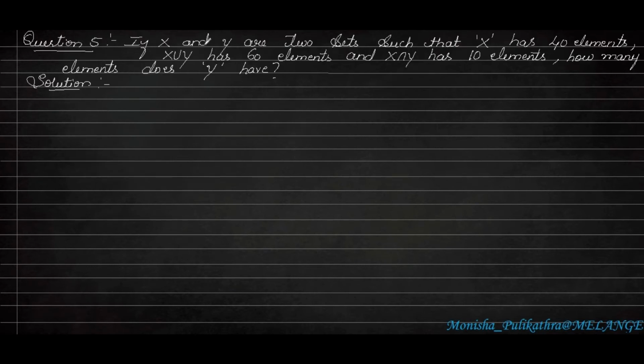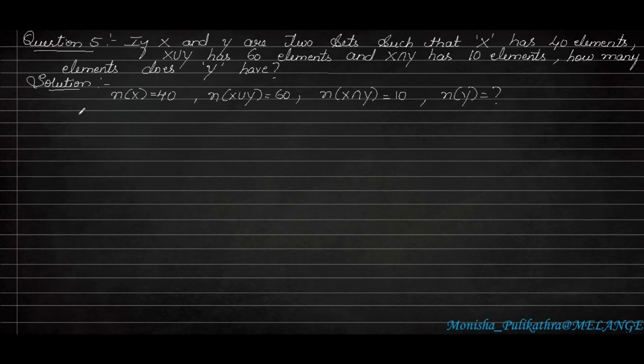The fifth question is, if X and Y are two sets such that X has 40 elements. So the number of elements in X is 40 and X union Y has 60 elements. And N of X intersection Y has 10 elements. So we need to find the number of elements in only the Y set.